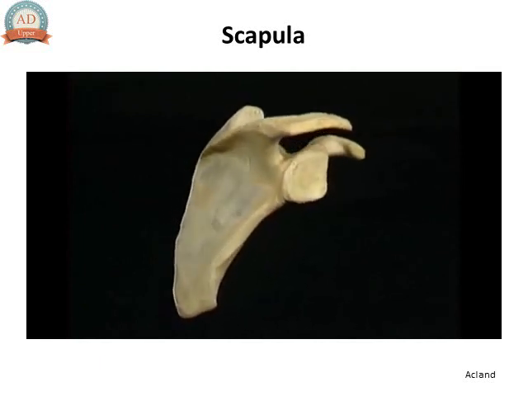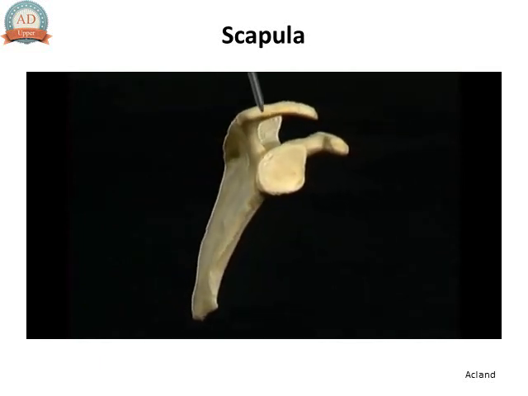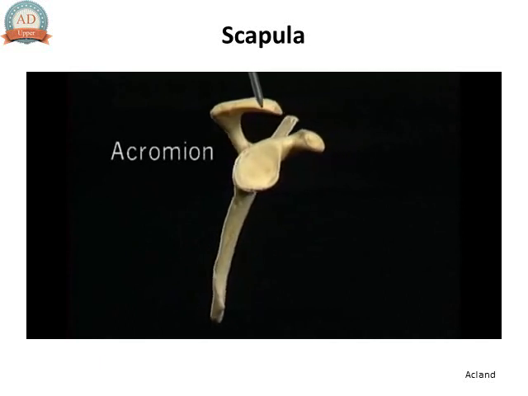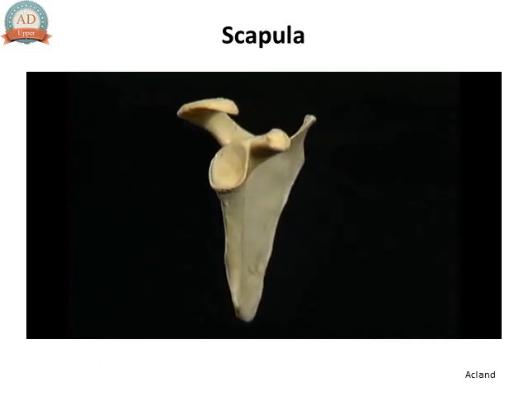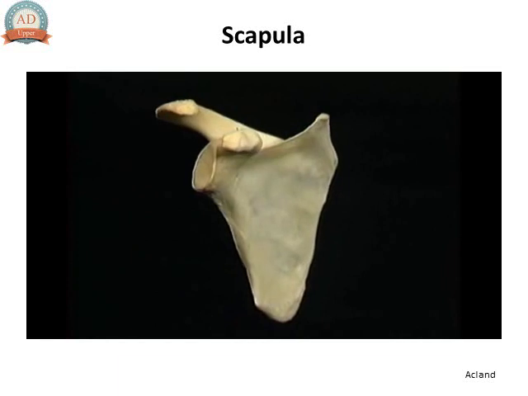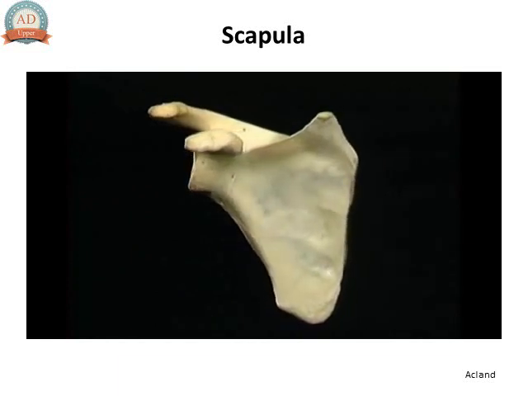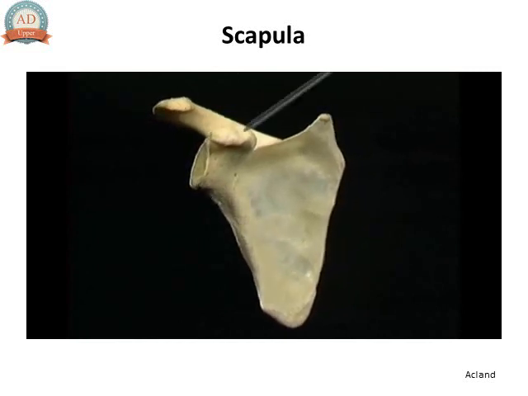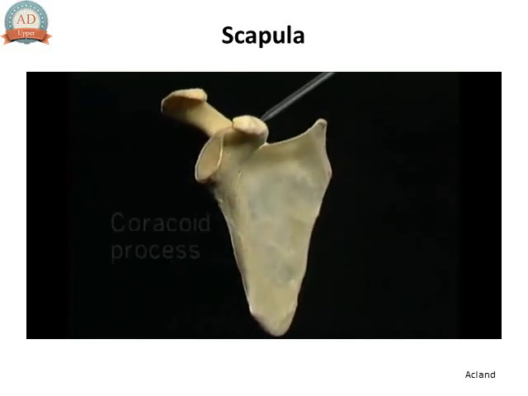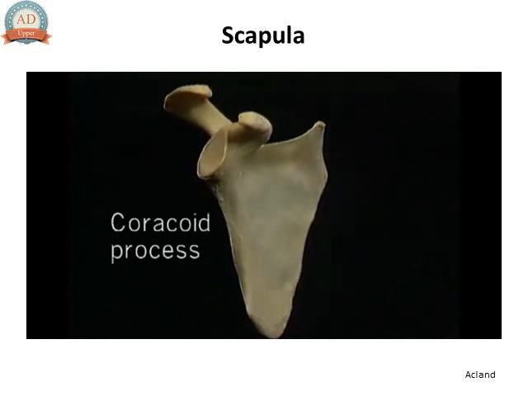At its lateral end, the spine gives rise to this flat angulated projection, the acromion, which stands completely clear of the bone. The clavicle articulates with the scapula here at the tip of the acromion. This other projection, looking like a bent finger, is the coracoid process.